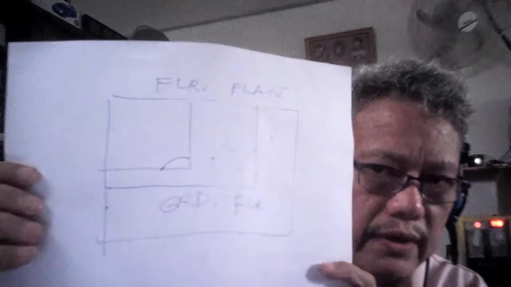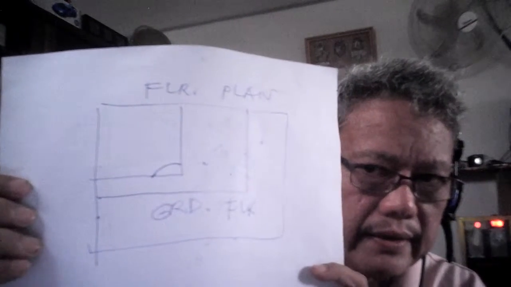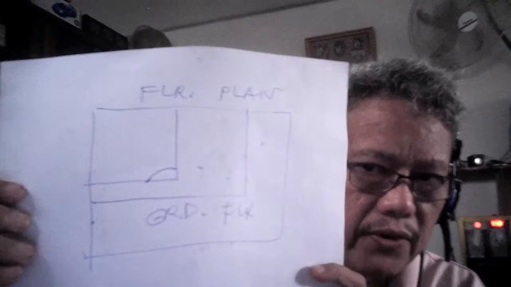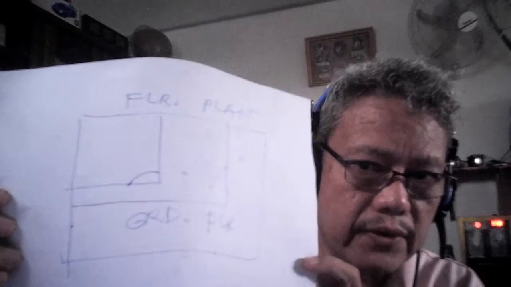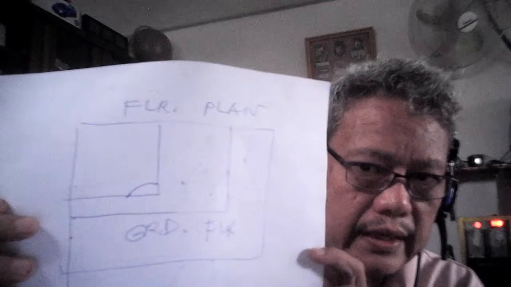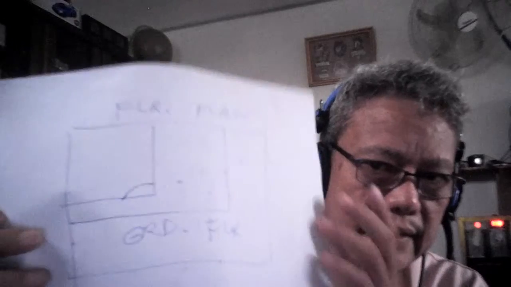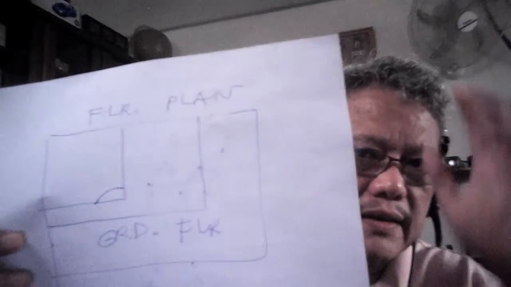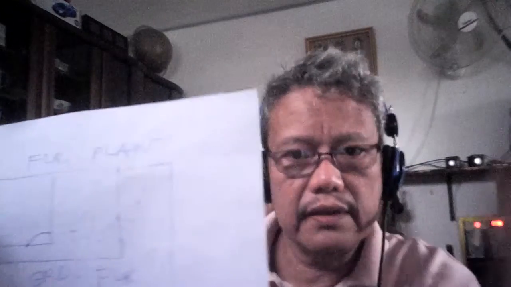You will do the floor plan per floor. Say this one is the ground floor. The ground floor will show how the air ducts run, and then the second floor, and then the third floor. Separate all the floors.